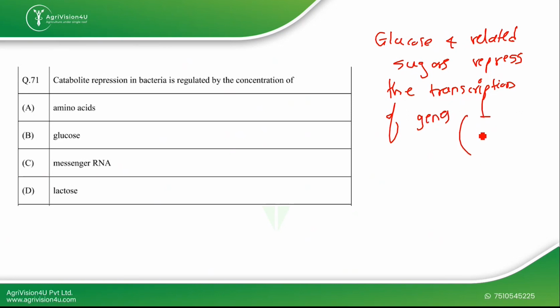Transcription is nothing but the formation from DNA, we get RNA or mRNA, messenger RNA. That is your transcription. So the glucose and related sugar, they repress the transcription of the genes encoding enzymes required for utilization of alternative carbon source.